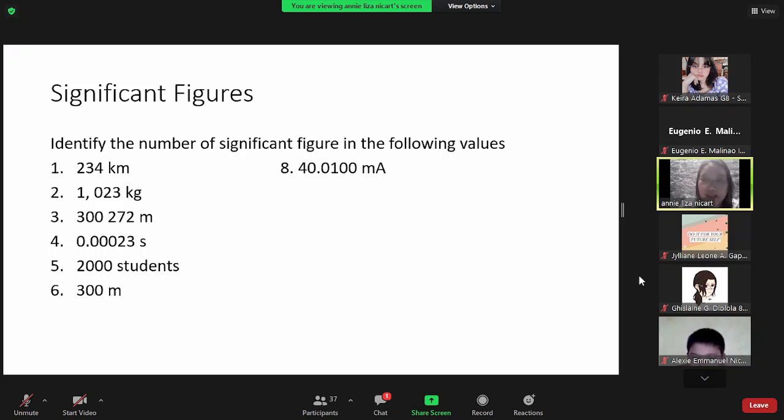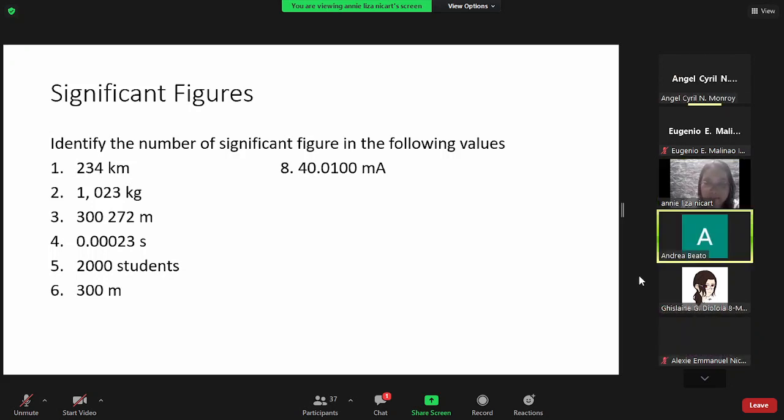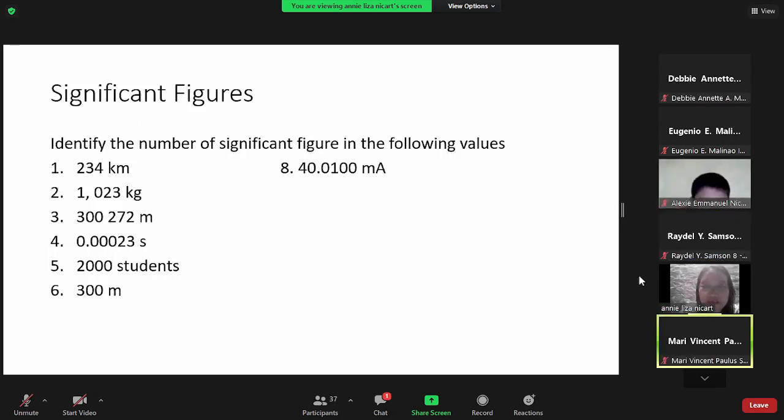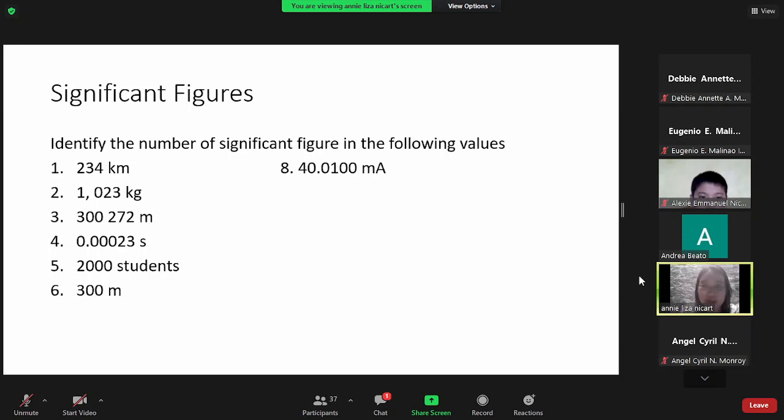Number 6. How many significant figures? 3. Okay, 300 meters: the value is a measured number, meaning a measuring instrument was used to get the value.